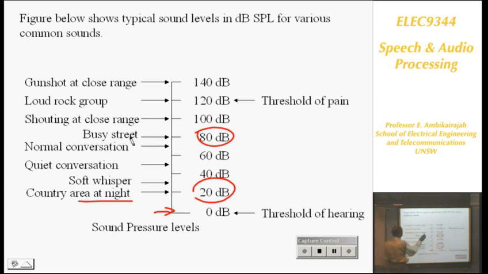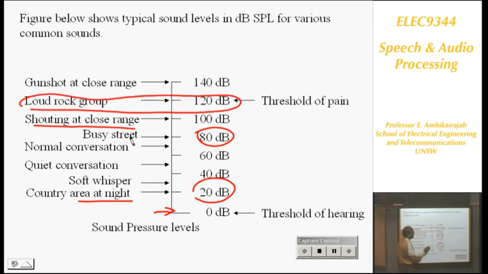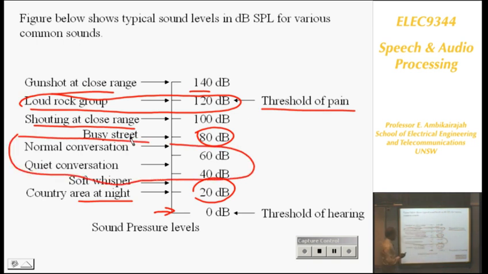If somebody is shouting at close range, or a child shouts at your ear, you immediately close it because you are reaching above 120 to 130 dB. A loud rock group is about 120 dB, reaching the threshold of pain, and a gunshot at close range is about 140 dB. A very quiet, normal conversation is between 40 dB and 60 dB, right?